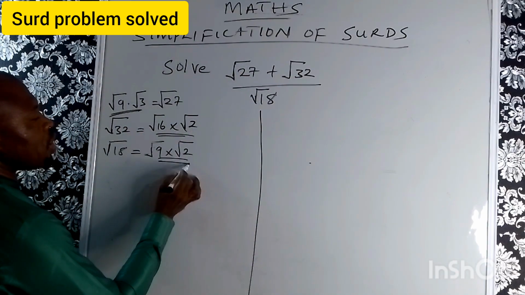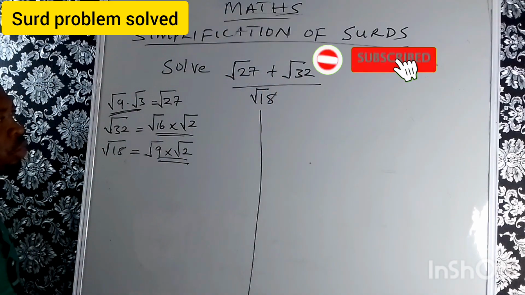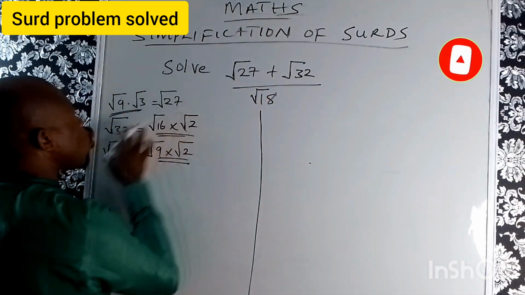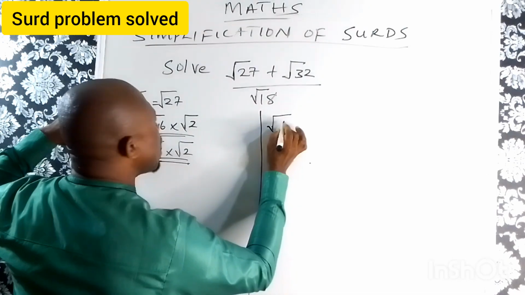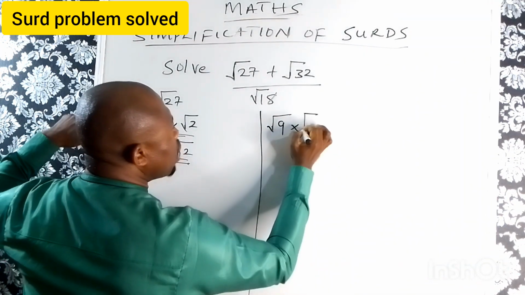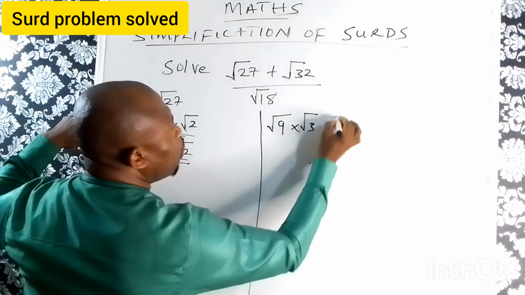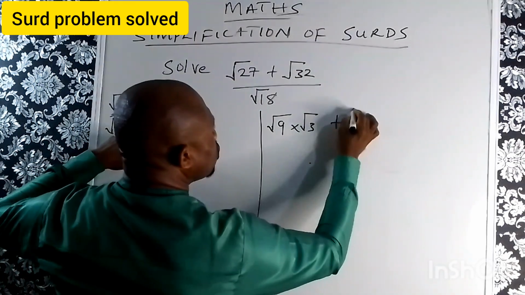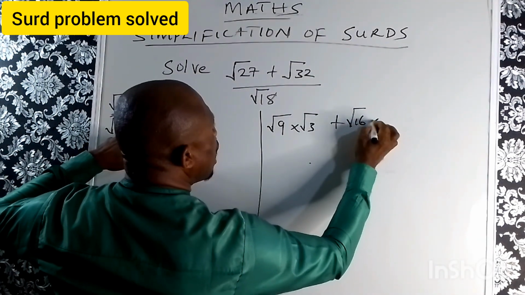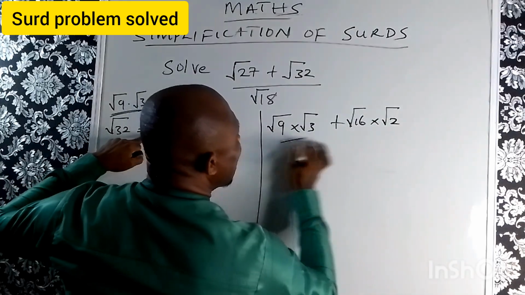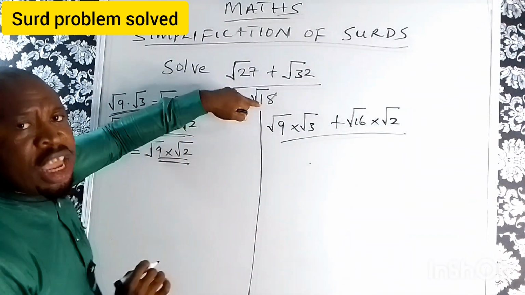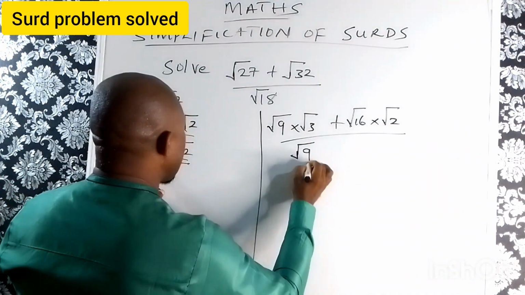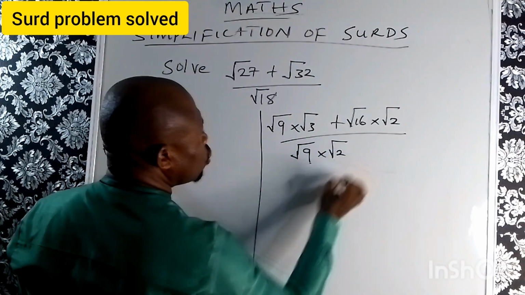Then all we need to do is take this into this, and this one into this. So we come back to this and say, in place of 27, we put the square root of 9 times the square root of 3, plus the square root of 16 times the square root of 2. Everything is all over the square root of 18, which is root 9 times root 2.